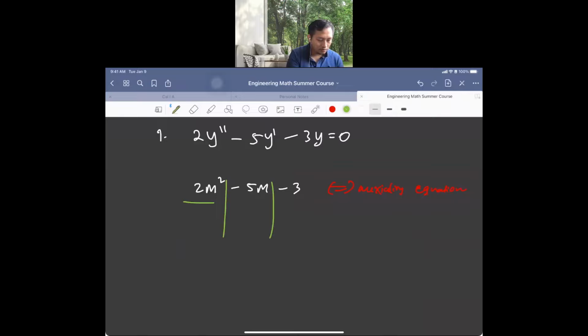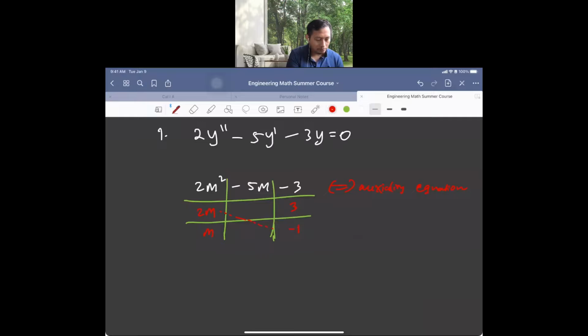You can make a table and check numbers that, when you multiply, give you 2m squared. So probably just 2m and m. That's the first factors. And for the right one, write all possible numbers that multiply to -3. So 3 and -1. You try first.